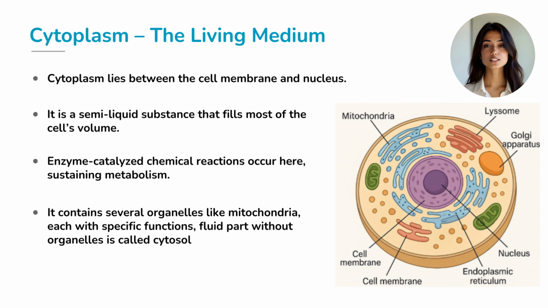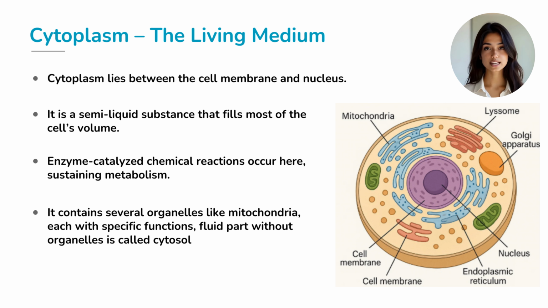Once we move past the boundary, we enter the cytoplasm, which is beautifully shown in the diagram on this slide. The cytoplasm fills the entire space between the cell membrane and the nucleus. It looks like a simple jelly under the microscope, but in reality, it's an incredibly active and dynamic medium.